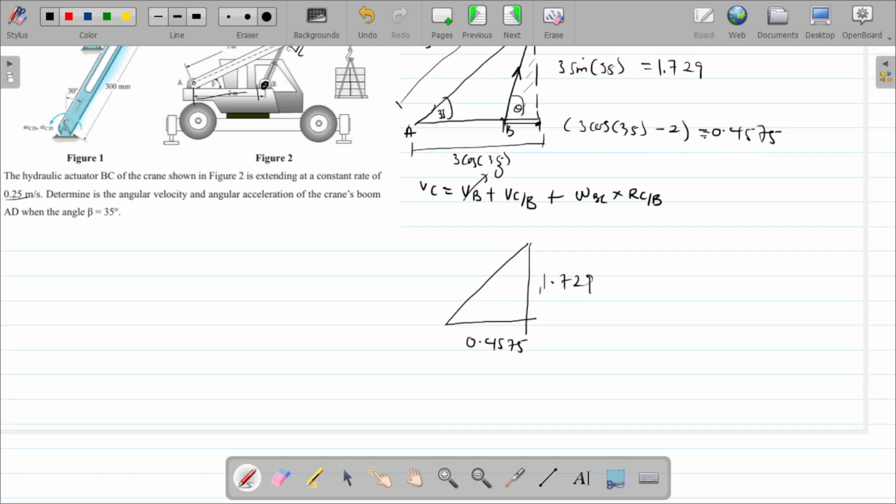If we want the angle theta here, we can say that tan theta is opposite 1.729 over adjacent 0.4575.